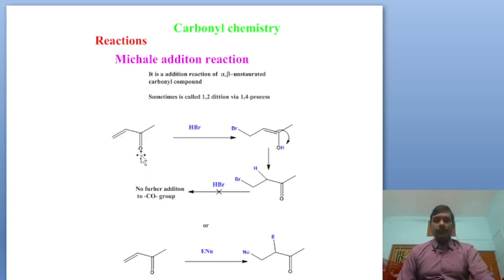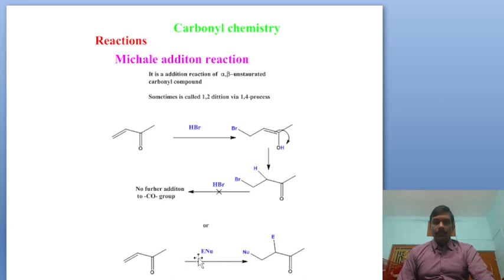First the proton will be accepted by the carbonyl oxygen atom, giving the beta-bromo enol as an intermediate product, which will give the ketonic compound. This is the HBr addition.